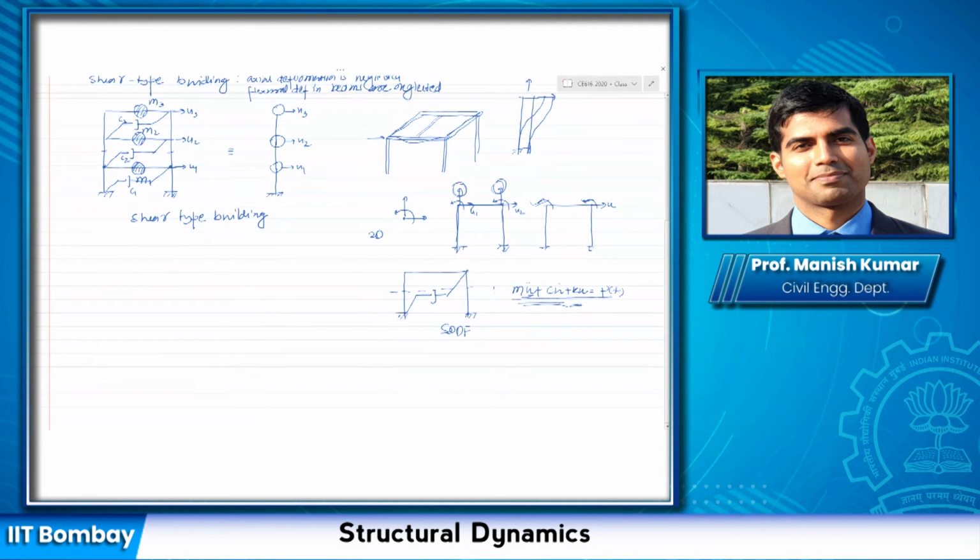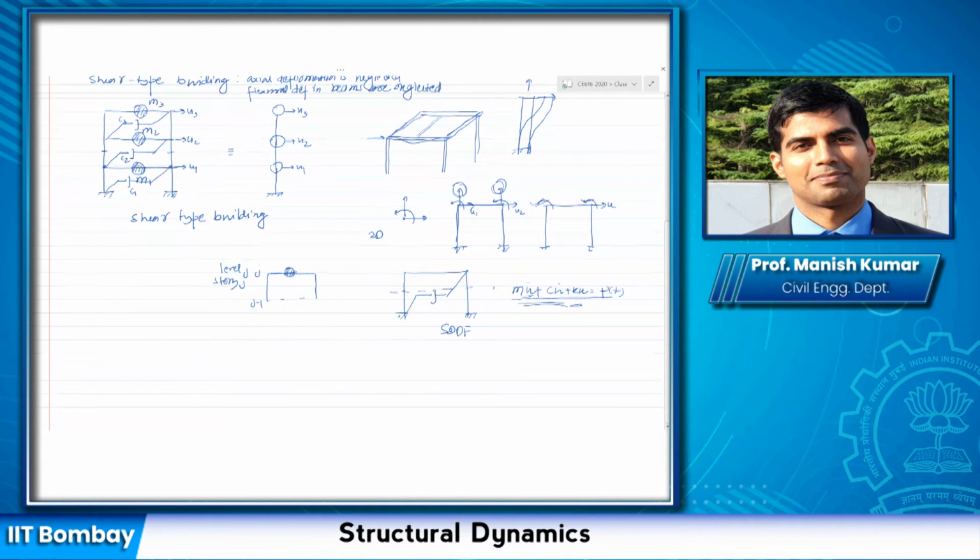Let us say at any level, I will call it level J, or the story J. Now, the story J is made up of J minus 1 and J. Okay, and then I have the columns at the story J, and then I have the damper at story J, and then the mass as well.